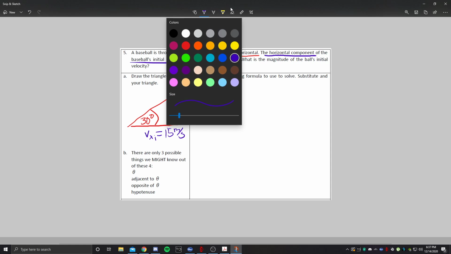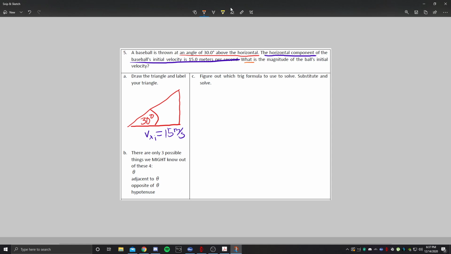And the question is asking, what is the magnitude of the ball's initial velocity? So what is this initial velocity right here? They're not asking for the vertical velocity. They're asking what the initial velocity is, what the total velocity is.